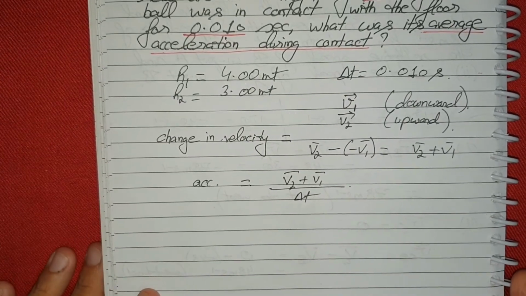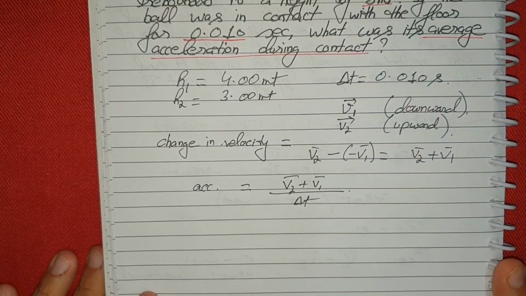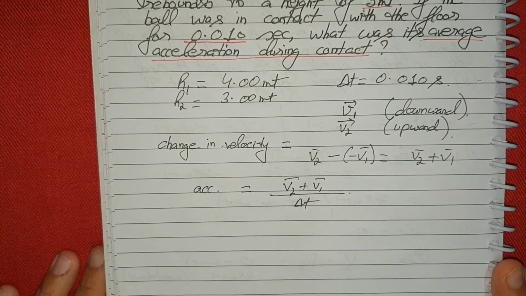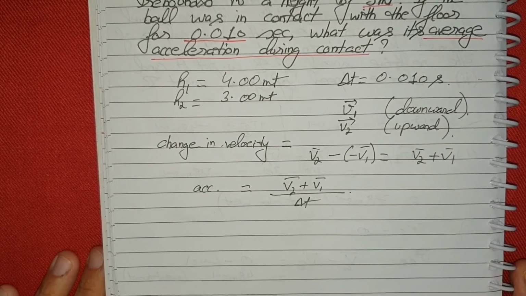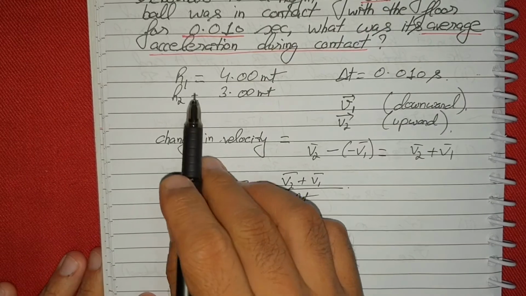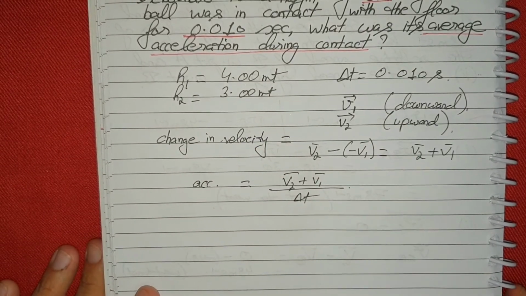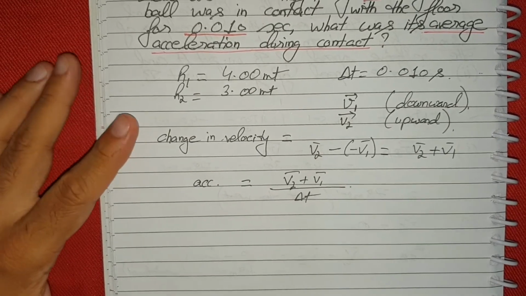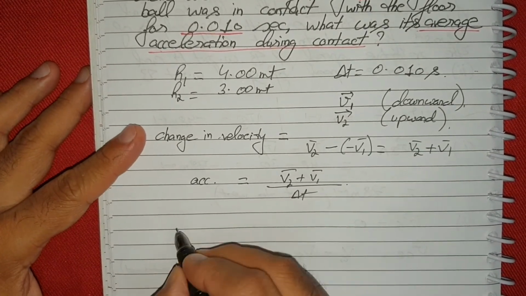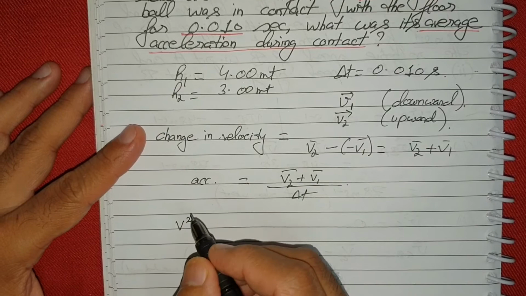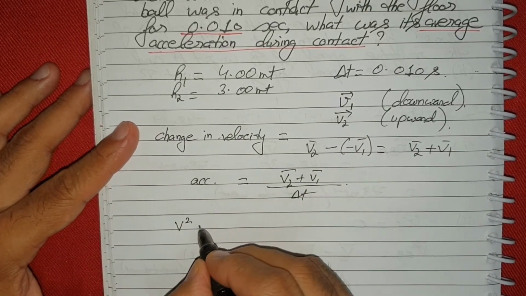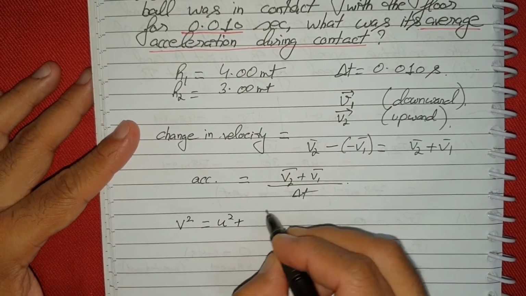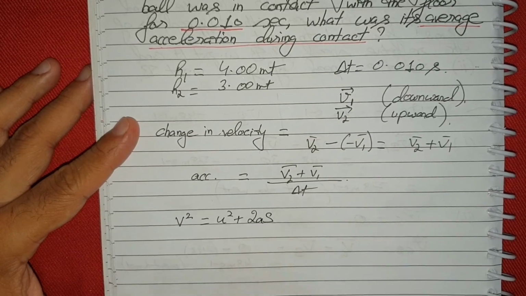Now we have to find v1 and v2. When the body falls from a height h1, which is 4 meter, by using the third equation of motion, v square equals u square plus 2as.